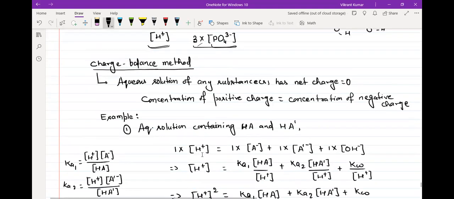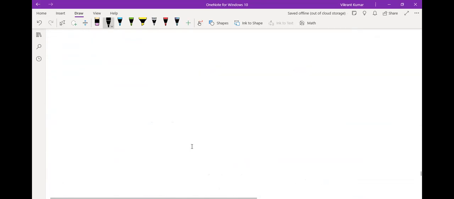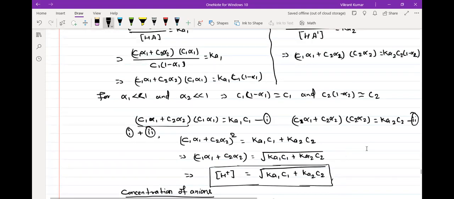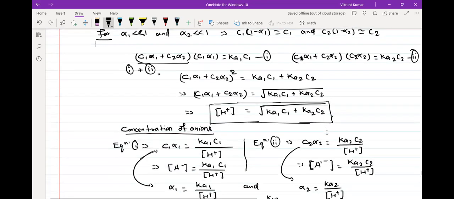Now, if you remember last time when we had discussed the case 7, we talked about how whenever they are asking, they consider alpha 1 and alpha 2 to be much less than 1, right? By doing this we derived the final formula. That means the concentration of HA and HA dash was C1 and C2 only, even after dissociation or ionization, we can consider that.